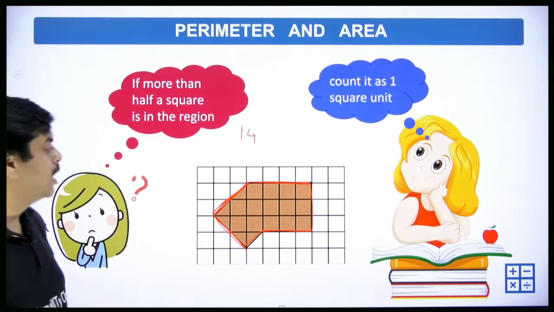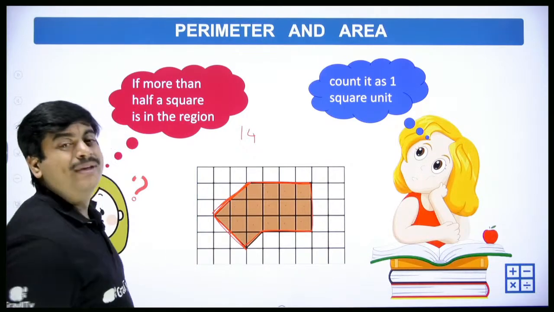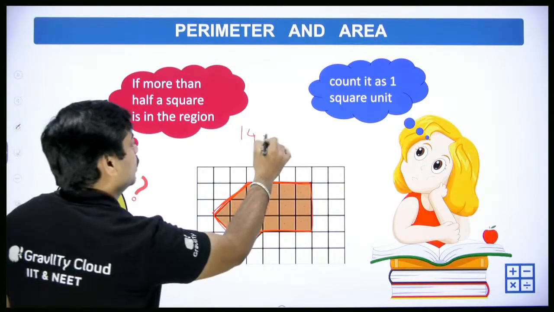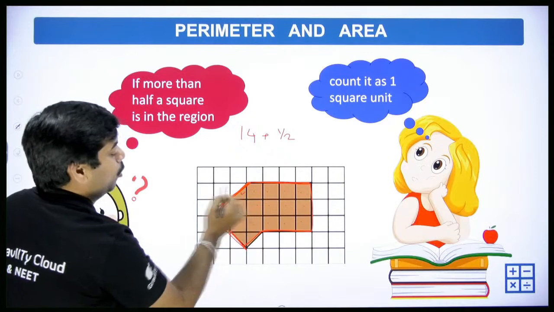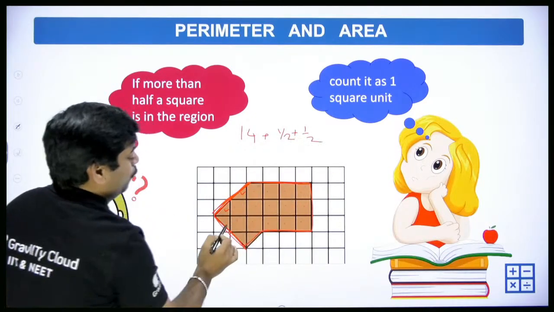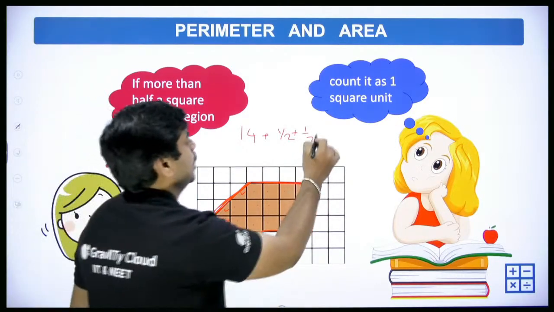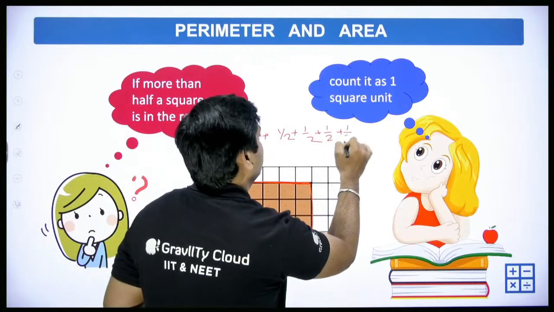But for the rest, you can see it's exactly passing the mid, which is actually half. 14 plus half, this is a half box, this is also half, plus half, plus half.